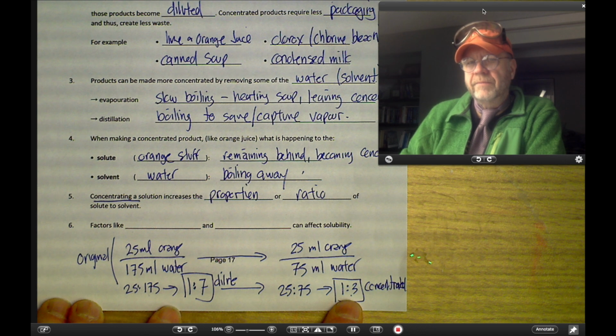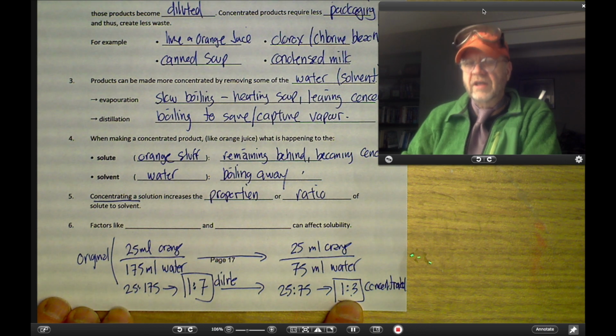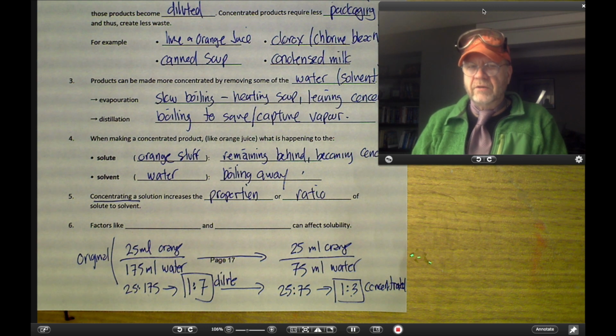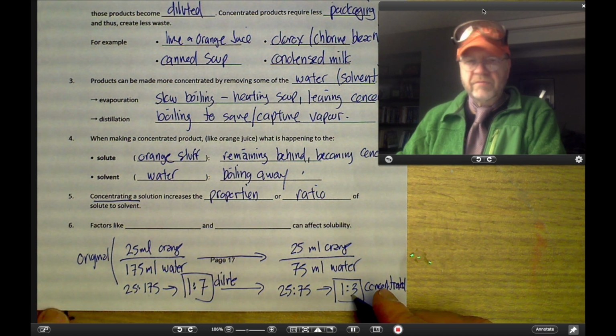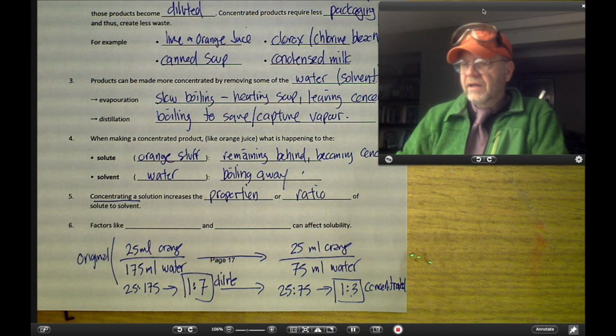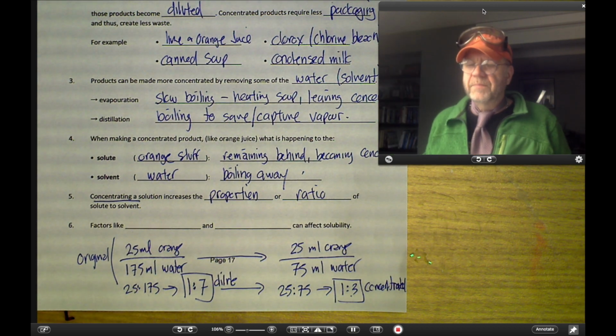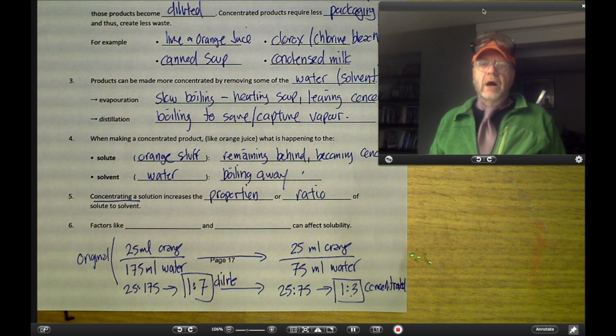Obviously, if I'm selling concentrated orange juice, the container can be much smaller, have less packaging, and be much less expensive to send around. So this is preferred. So that's your mini lesson on solubility and concentration and why we do it.